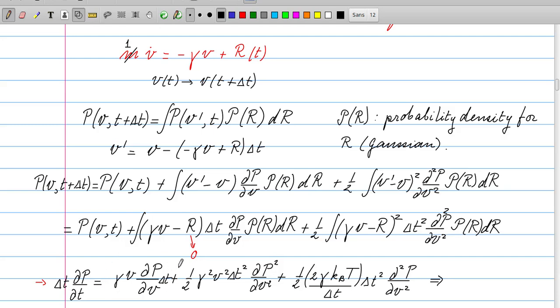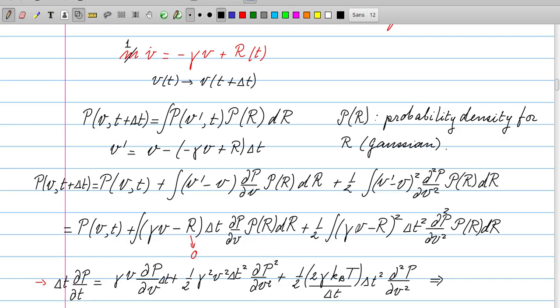And the remaining terms are treated very similarly. So here I have a half times first gamma squared v squared times delta t squared. This term is independent of r, so I can also put it in front of the integral, and then I only have the integral of curly p of r dr, which gives me a 1.